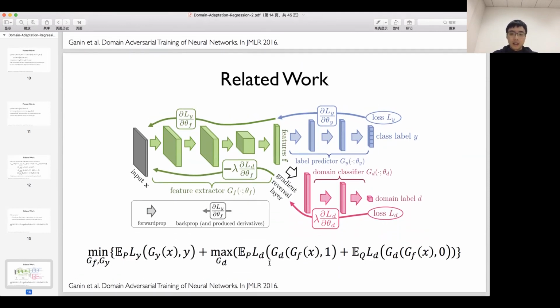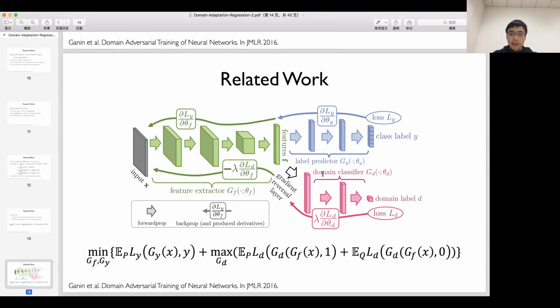So this is a minimax scheme. On the one hand, they try to learn the domain classifier to classify whether the samples are from source or target. On the other hand, they try to learn the feature extractor to minimize the estimated distance. It means that the feature extractor just tries to confuse the domain classifier.